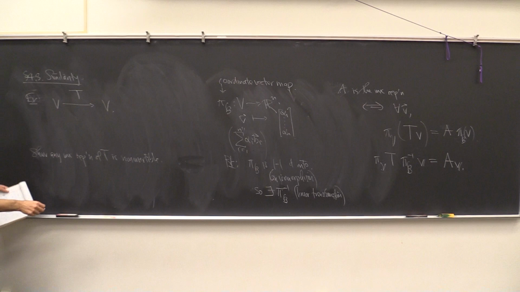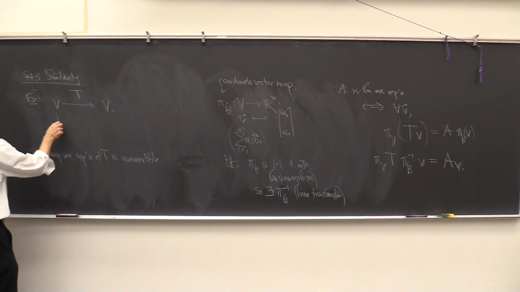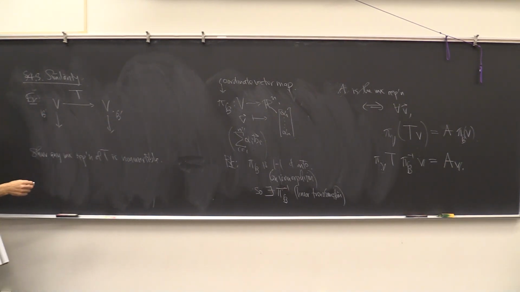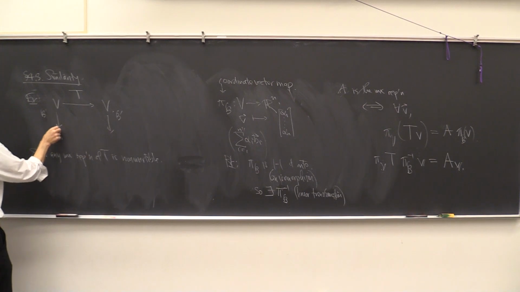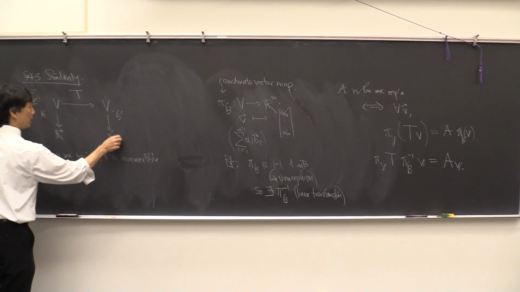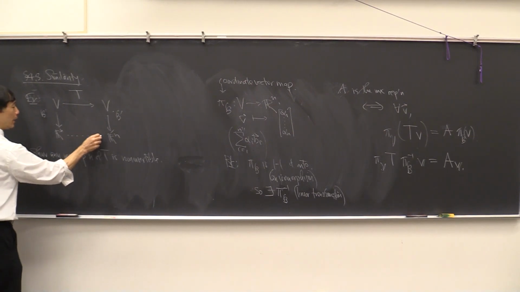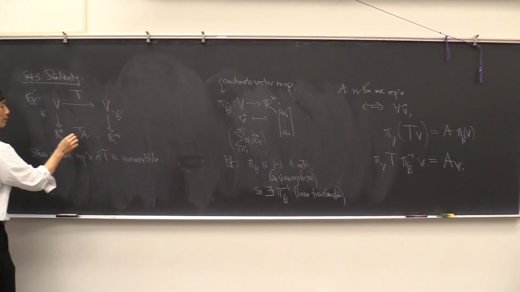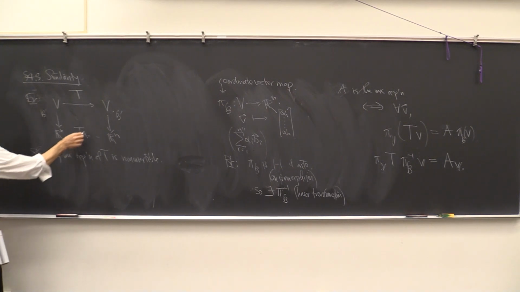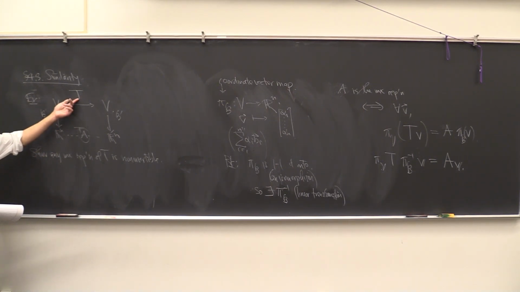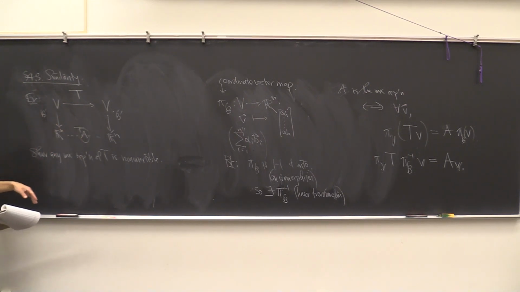So if you have some basis B and some other basis B prime that give you isomorphisms down to Rn on either side, and you have some matrix representation, then the matrix that represents that linear transformation can't be invertible.